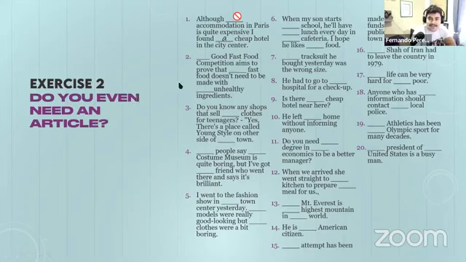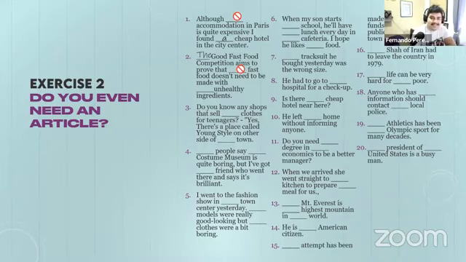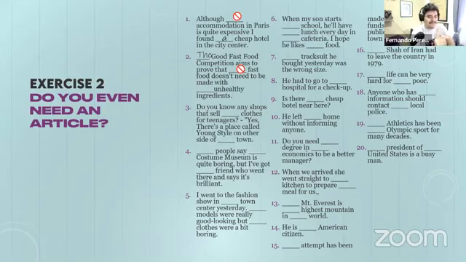Now, what is the article here? The first one was correct, we use the. The second one, we don't need an article, because unhealthy ingredients is plural. A and an are used for singular things. An ingredient, only one.